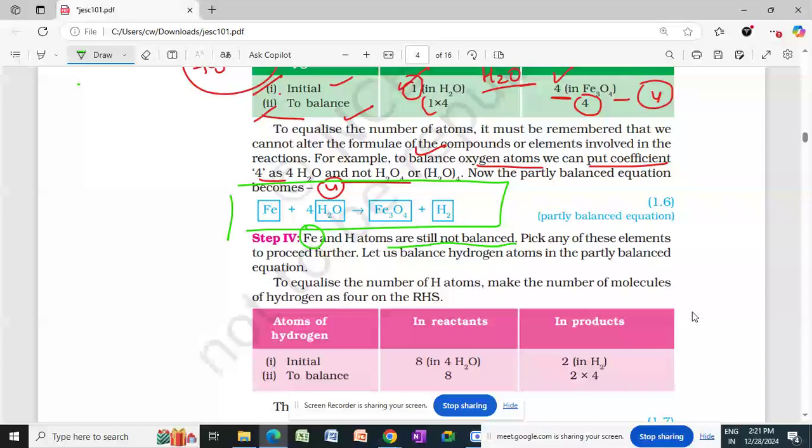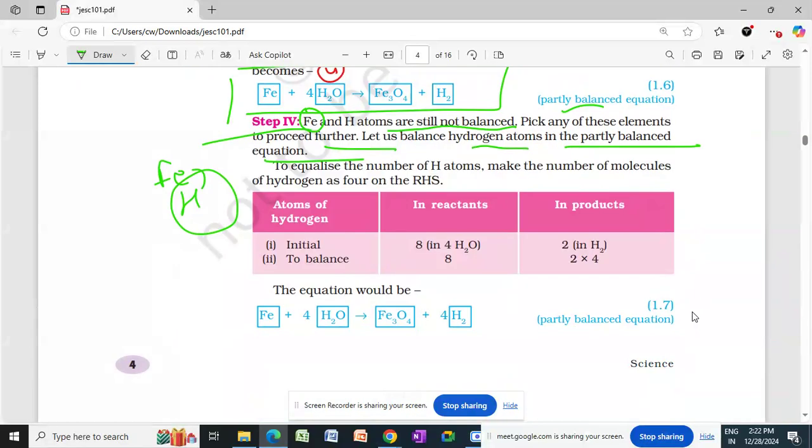So pick any of these elements to proceed further, either iron or hydrogen. Then let us balance the hydrogen atom in the partially balanced equation, the equation that has not been completely balanced.